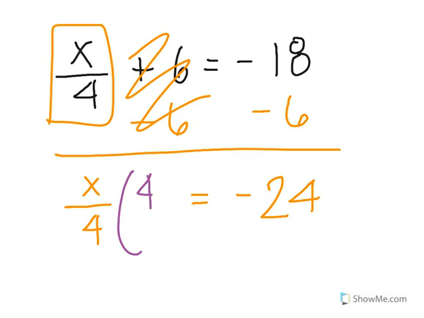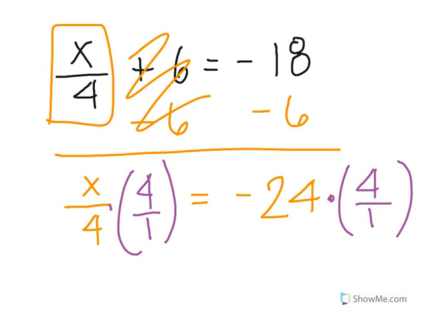I'm going to multiply by 4. And if I multiply by 4 on the left, I have to do the same thing on the right to keep my scale, or keep those sides, balanced. And I'm writing it this way as a fraction, 4 over 1, or 4 wholes, so you can see how this will work because I've got 4x over 4.